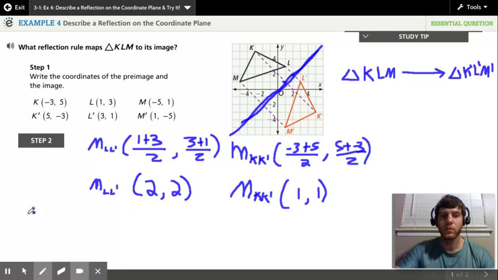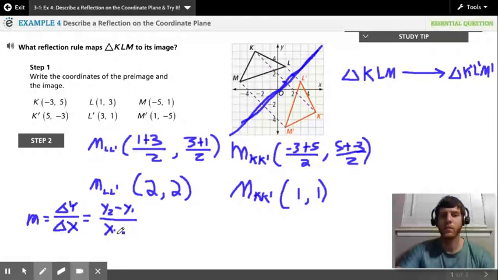Slope is rise over run, also known as change in y over change in x. So that's y2 minus y1 over x2 minus x1. Our two y values here are 2 and 1, so we're going to do 2 minus 1 over 2 minus 1.